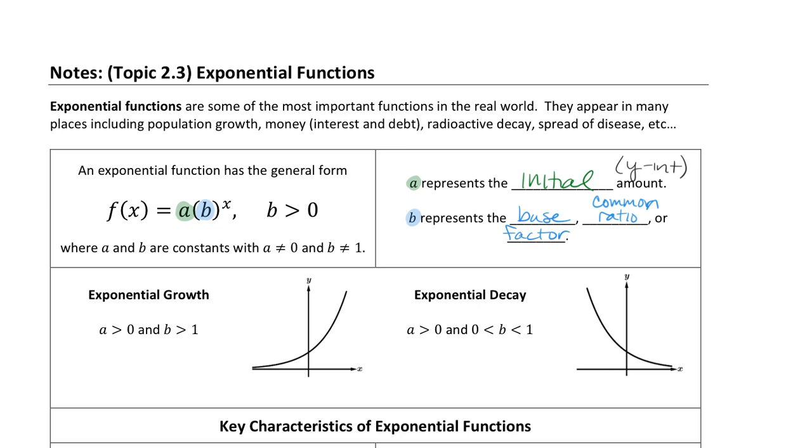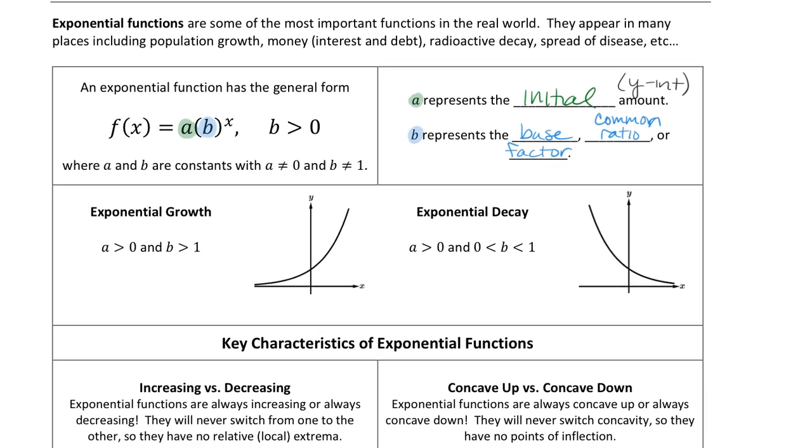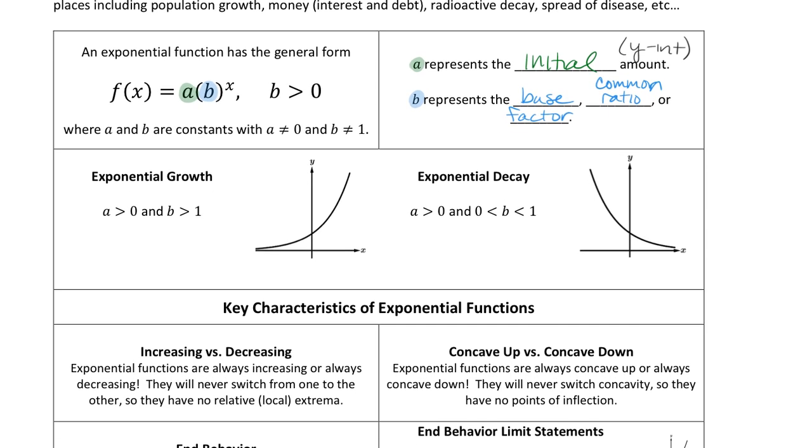Now, depending on what sort of number you get for a and for b determines the shape of the exponential curve. These curves go in one direction only. You either have exponential growth. You get exponential growth when b is greater than 1. We see how it's growing.